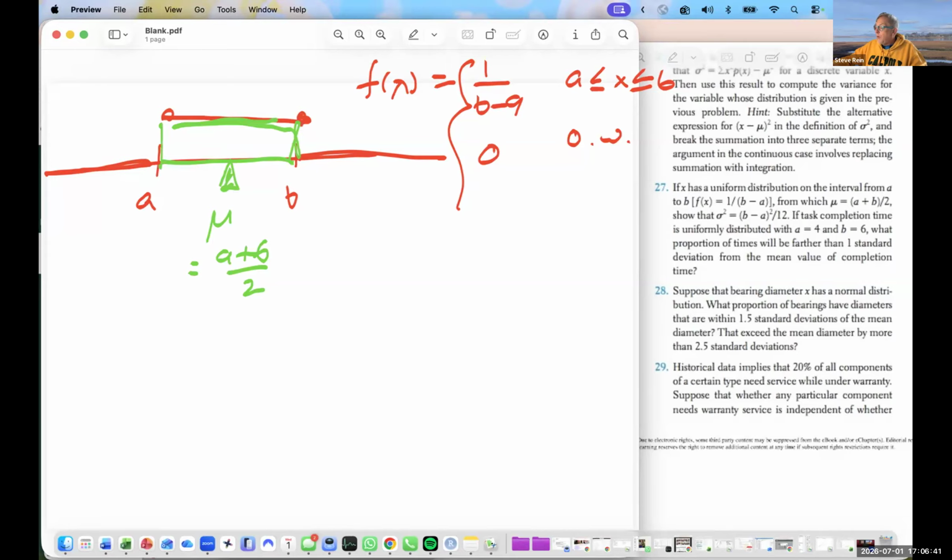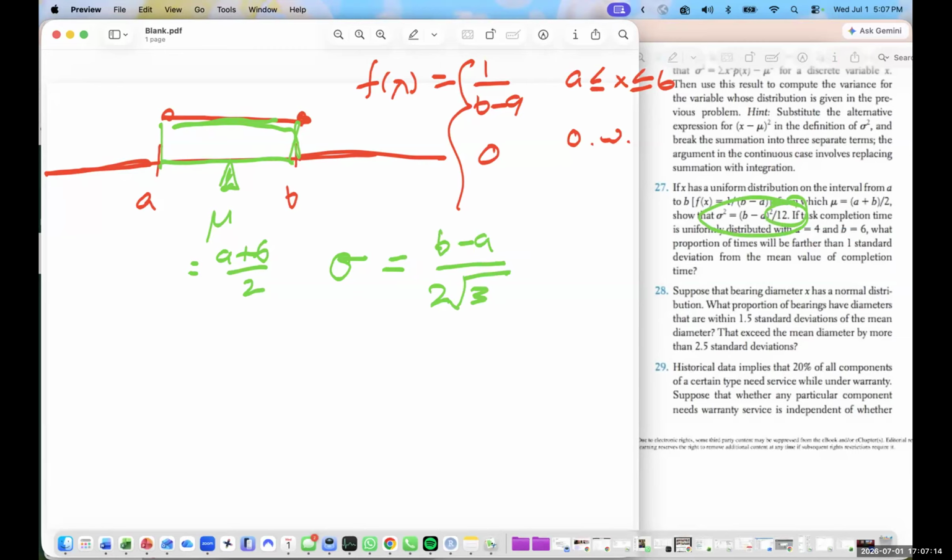Now, the book says sigma squared is (b minus a) squared over 12. So sigma is b minus a, the width, over 2 root 3, since the root of 12 is the root of 3 times 4, which is 2 root 3.